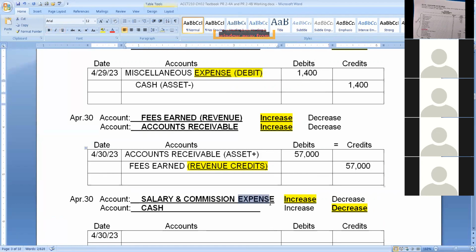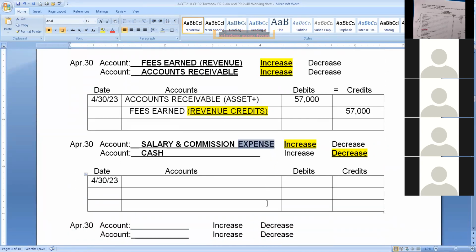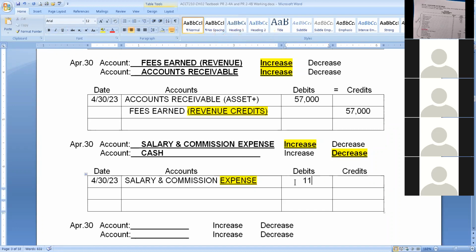So when we run into an expense, we say yay. Not out loud because people think you're strange, but anytime you see an expense, we can say it out loud. Who cares if they think you're strange? All right, and commission. So whenever you see an expense, it's a debit. So salary and commissions expense, 11,900.